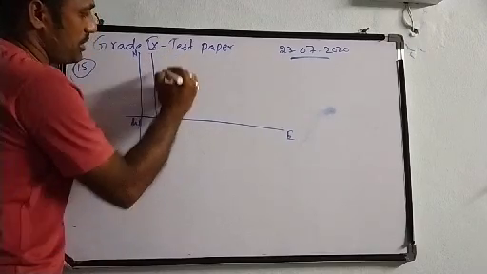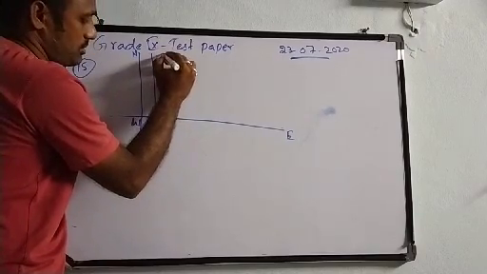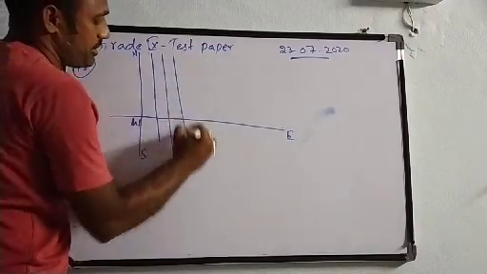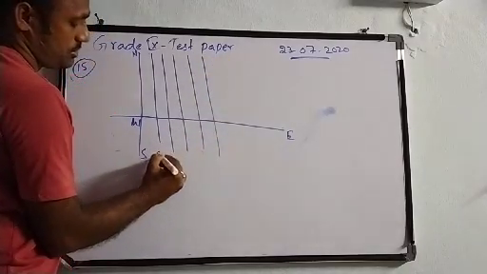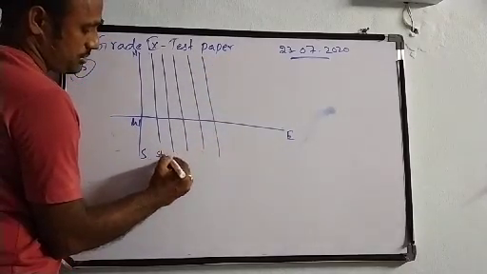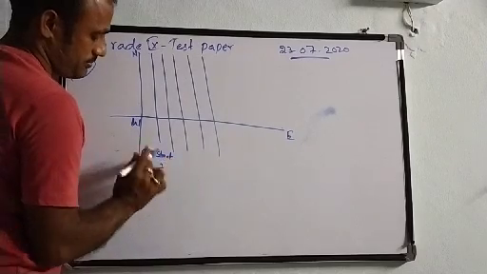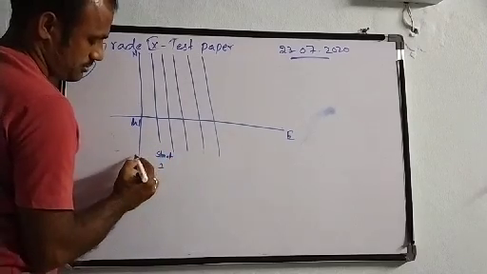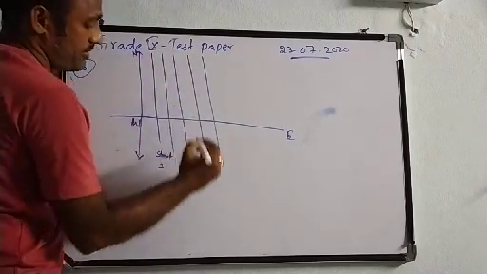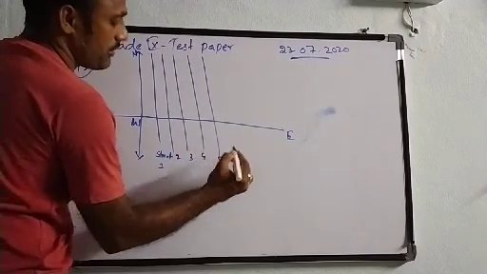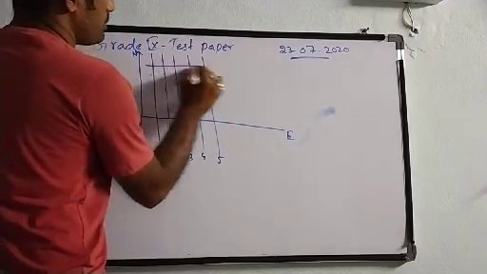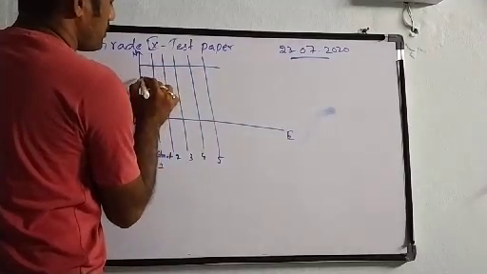So this is street 1, street 2, street 3, street 4, street 5. So this is the second street, third street, fourth street and fifth street. So in this direction also there are 5 streets.